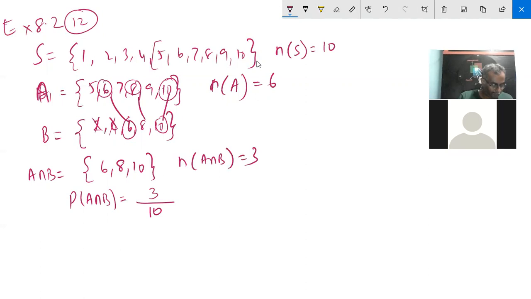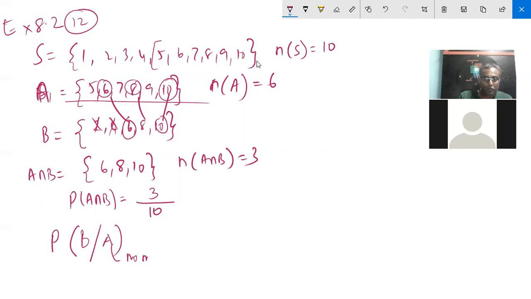Then, what is asked to find? What is the probability that it is an even number given that already, okay, event A has occurred? What is event A? Something more than 4 has occurred. You understand?